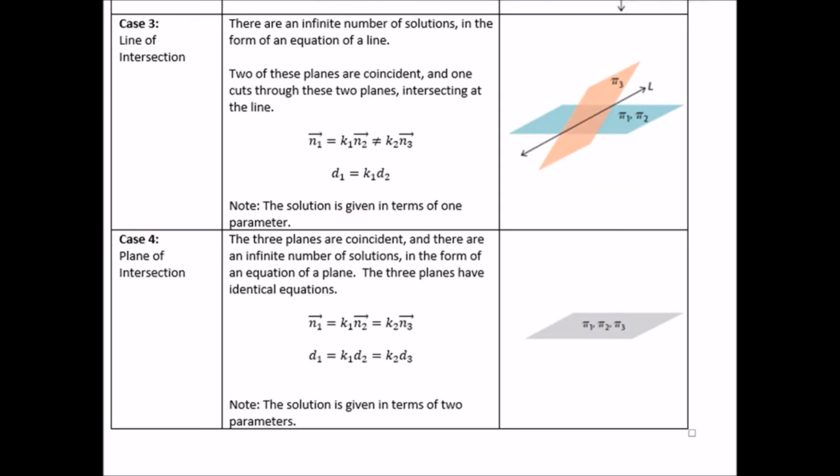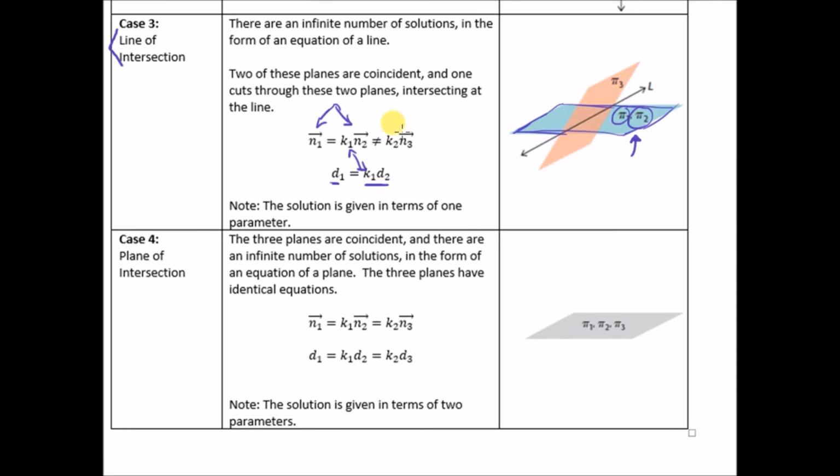Case three. Case three is also a line of intersection, but this time two planes lie right on top of one another. So pi 1 and pi 2, two planes, have the exact same equation. In this case, those two planes' normals are scalar multiples of one another, and of course their d values will also be a scalar multiple of one another, the same scalar multiple.